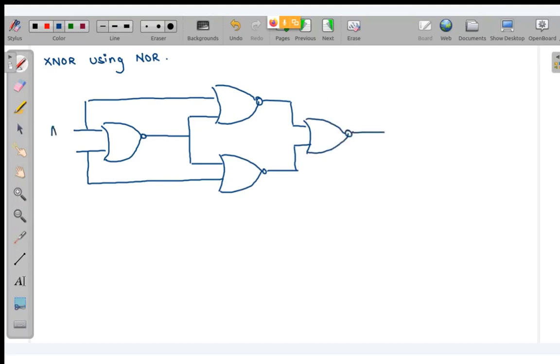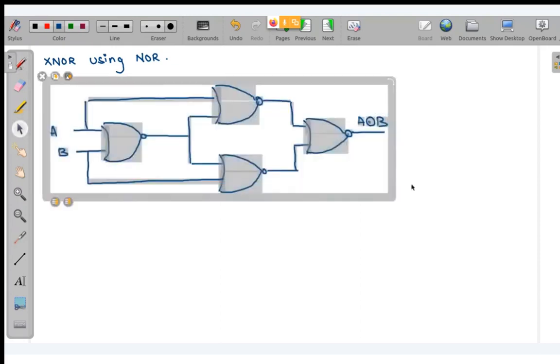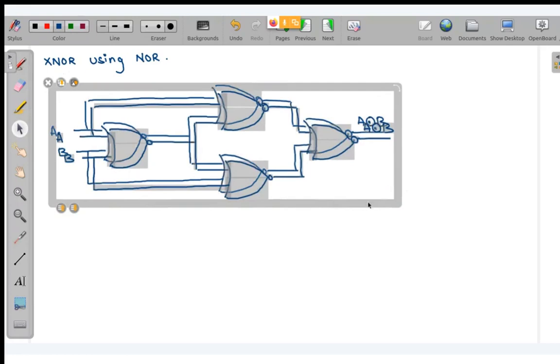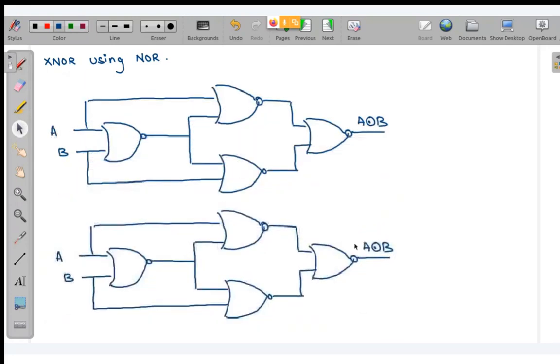This time I am not going to help you. So this will be A XNOR B, and we know for XOR we require one more NOT. So NOT can be constructed using one NOR gate. So if I simply add one more inverter over here, so we will be getting A XOR B.